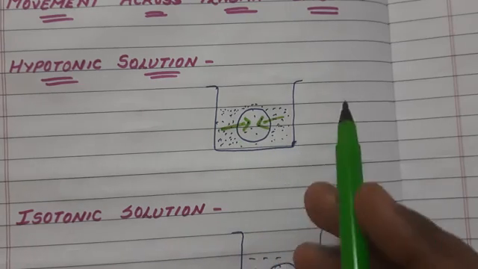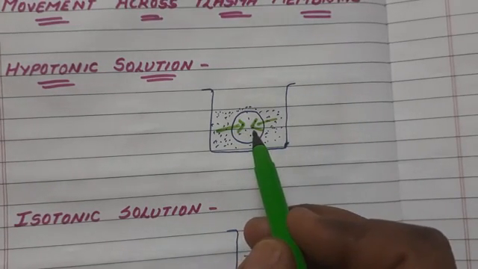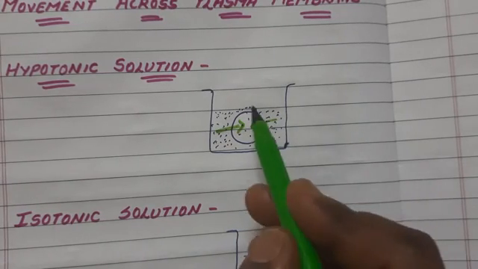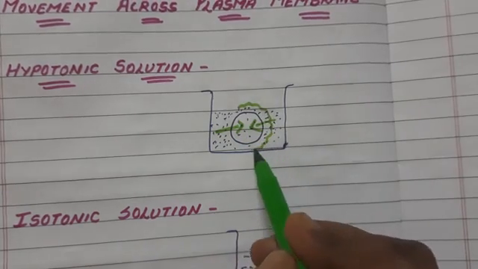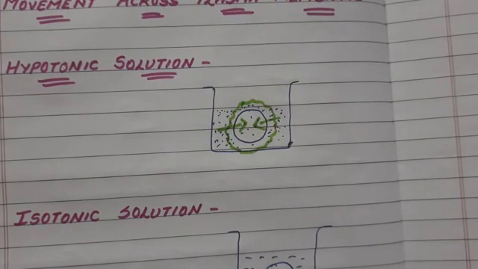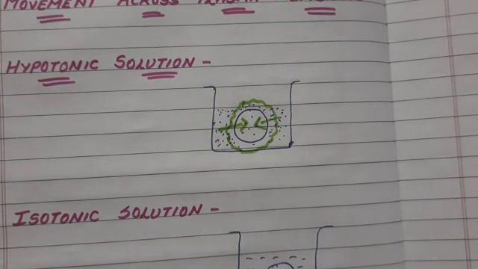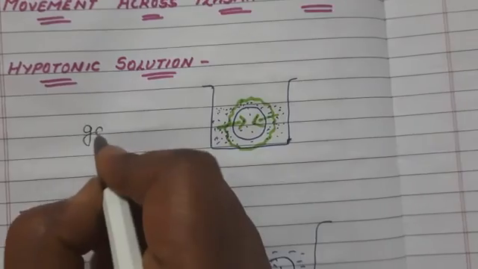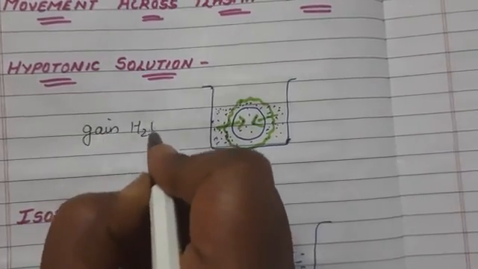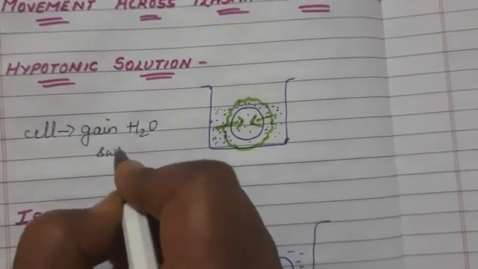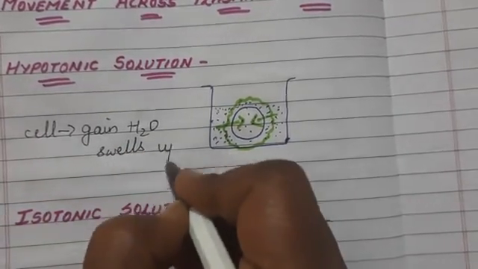So this cell will gain water and it will swell up. Swell up means it will become bigger in size. Okay, so what is happening in a hypotonic solution? The cell will gain water and it swells up.